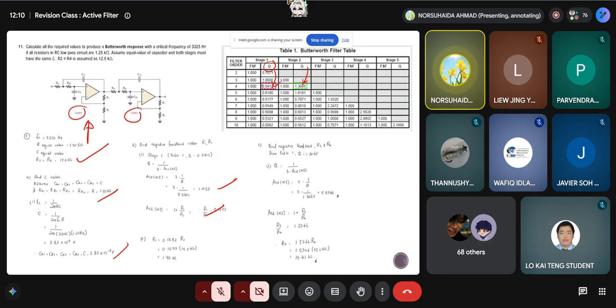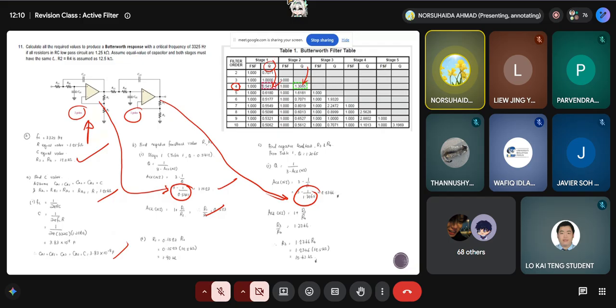For stage 1, we use the value of Q as 0.5412, but for stage 2, we use the value of Q as 1.3065. This is the difference. This one refers to this Q, this one refers to this Q. Because this is 2 pole, this is 2 pole, meaning that this is fourth order.